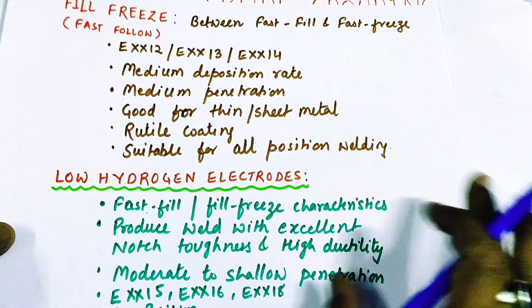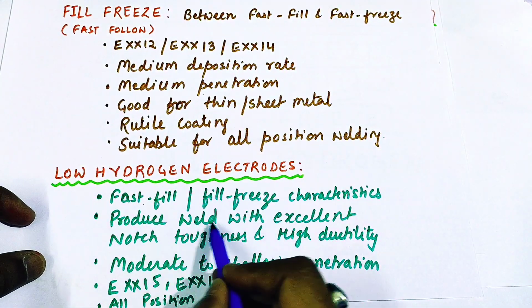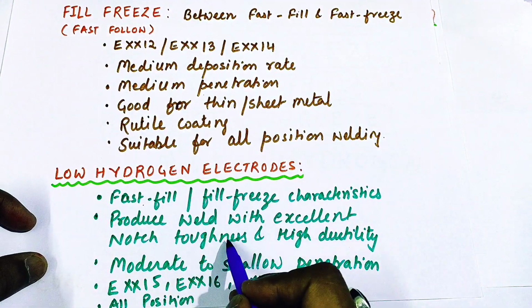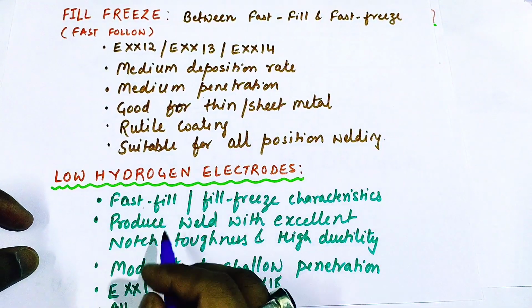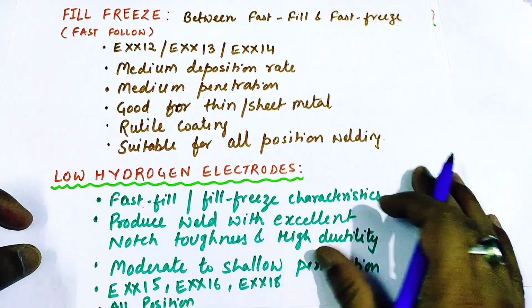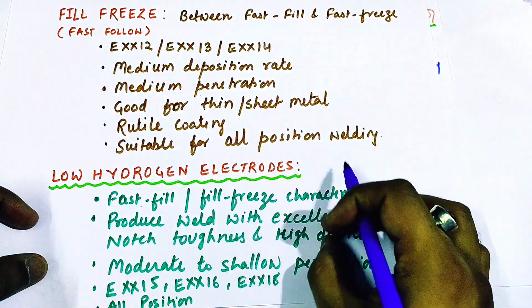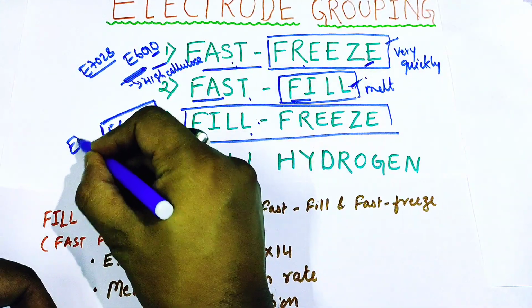Now friends, the speciality or the characteristics of low hydrogen electrodes are that they produce weld with excellent notch toughness and high ductility. So among all these carbon steel electrodes, E7018 produces a radiographic quality welding. Good quality welding we can get with low hydrogen electrodes, especially E7018.